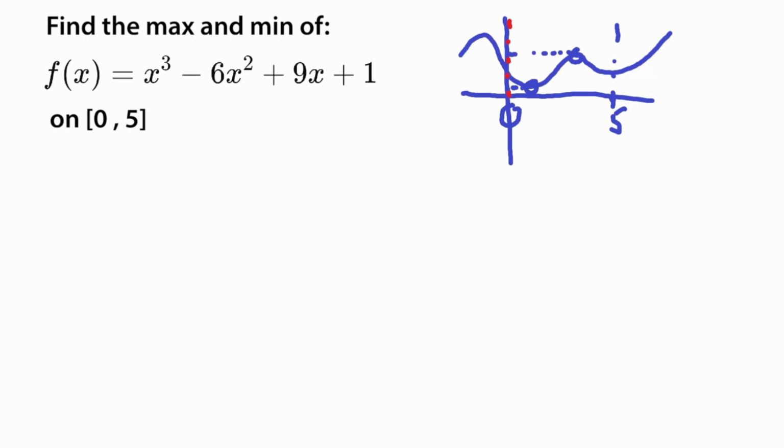Well, to do that, we need to find what are called the critical points of our function. The critical points are when you set the derivative of f(x), f prime, to 0, because remember, the derivative of a function shows how much the function is increasing or decreasing.